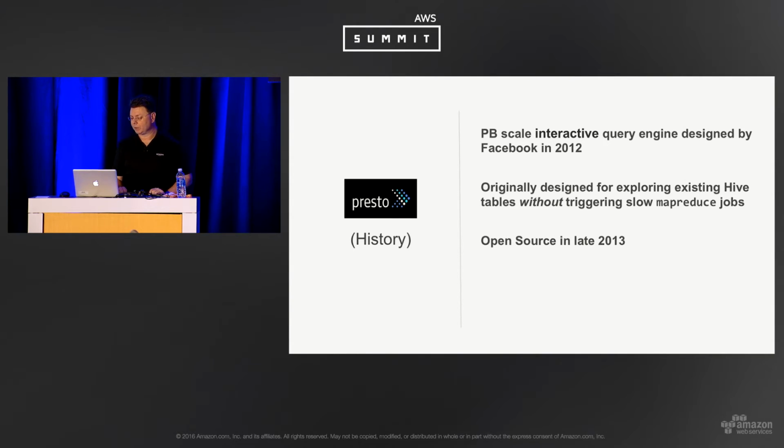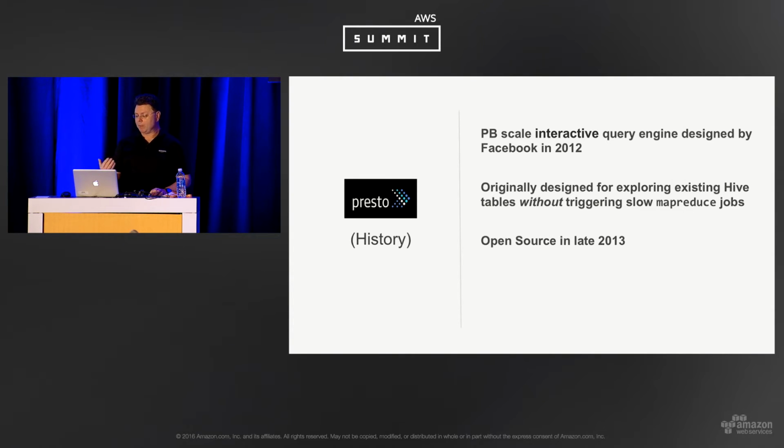You're leveraging something that's very inexpensive. What is Presto, and where did it come from? So Presto was developed by Facebook in 2012. They designed it to work at petabyte scale data, and to be able to execute SQL queries.